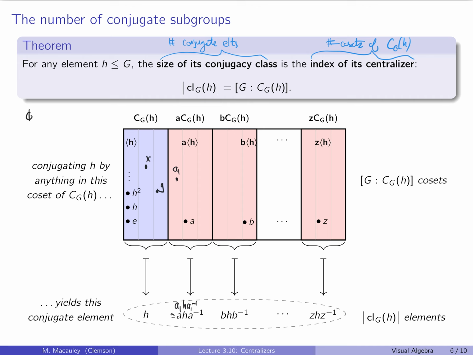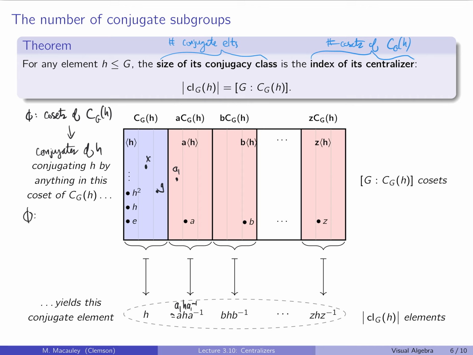So we need to define a map from the cosets of the centralizer to the conjugates of h. And how do you think we need to define that map?